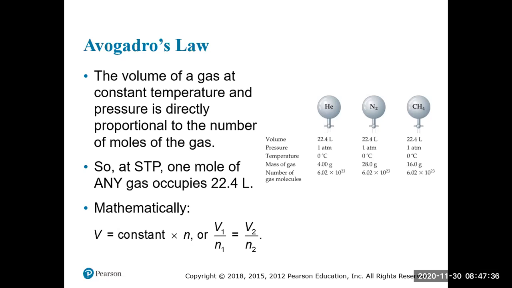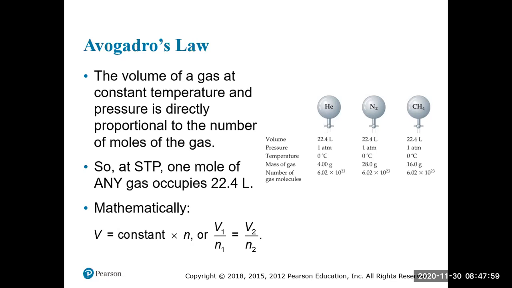The other thing I want to just mention, and we see that over here in the figure on the right, is that in each case, we have 1 mole of these gases, whether it's helium, nitrogen, or methane, the 3 examples here. We see that the mass is different.